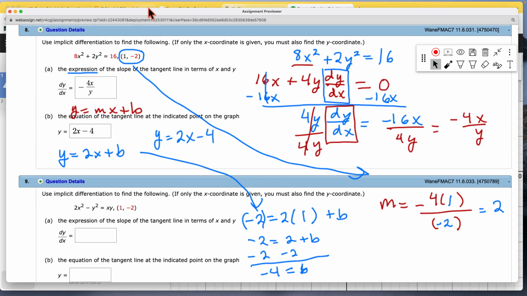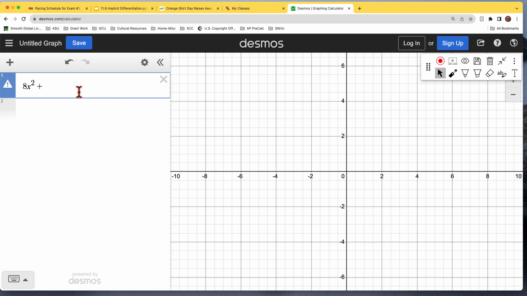Okay. Oh, that's what it looks like. Okay, so an ellipse. I was thinking it should be something like that.